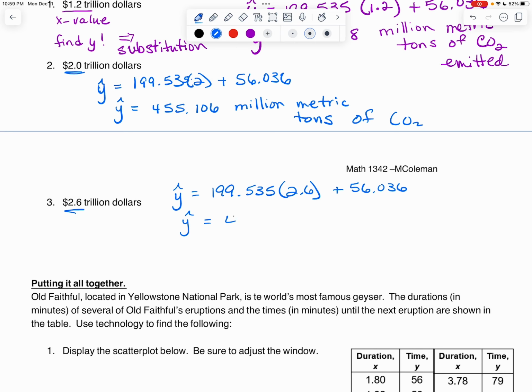My predictor then, my y hat, I would predict to have 574.827 million metric tons of CO2. So y hat's your predictor. Based on a number, what's the prediction?